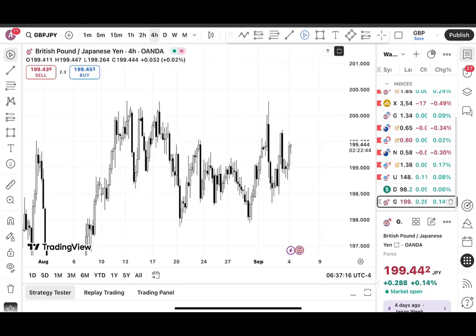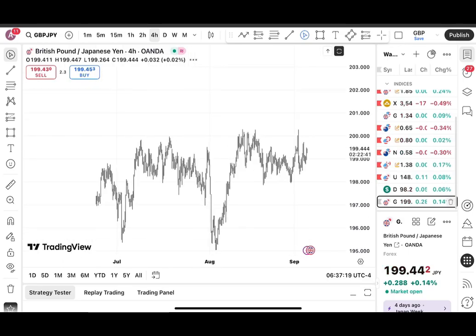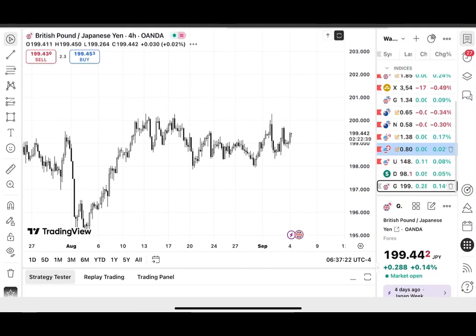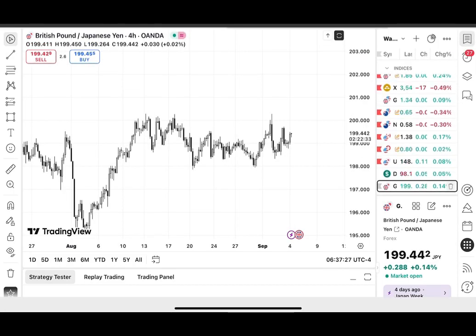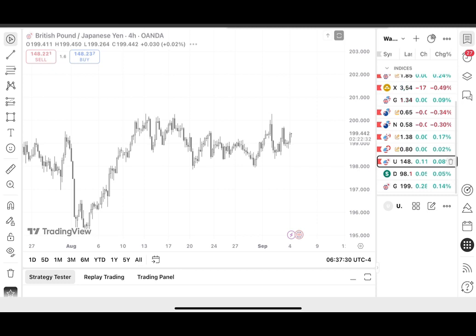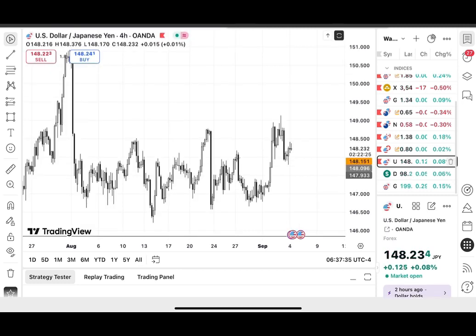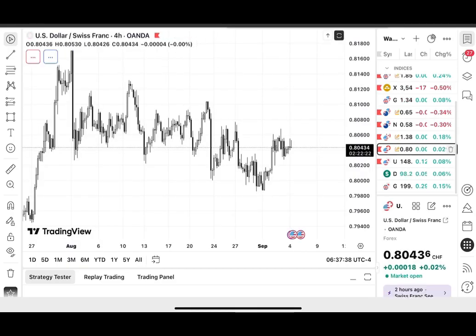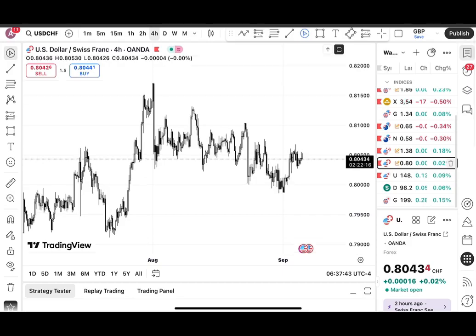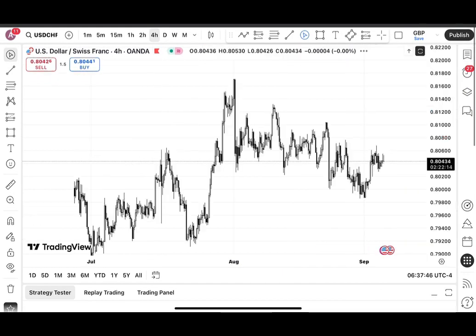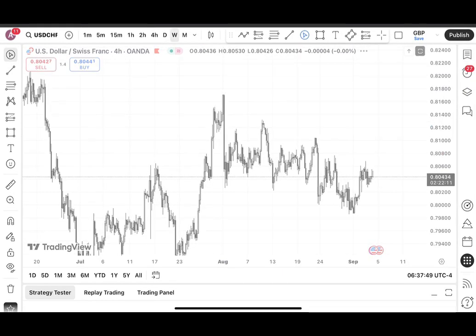Let's look into this trade. Let's see what we got here. USD CHF. So let's move to the weekly time frame. Let's see what's going on there.